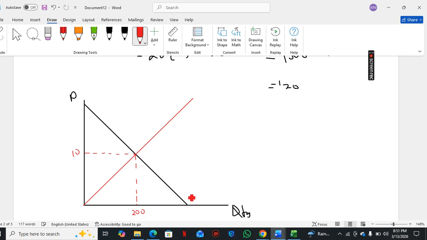The supply or the demand curve? The supply curve, I think so. Supply curve, yes. Just remember shifters of supply, anything that causes cost of production to become higher.